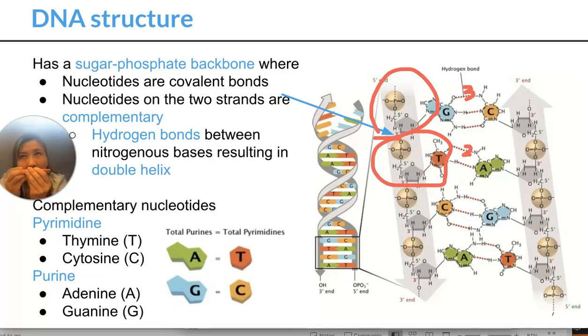But when you're actually going to transcribe this into RNA, your genes are coded in a single direction. Depending on the gene, we won't go into too much, but just recognize that on any strand, if you're looking at just one strand, your gene can be either in this direction or this direction.